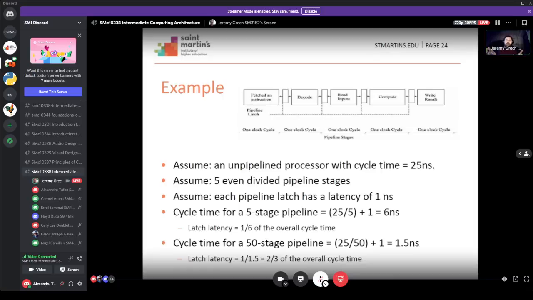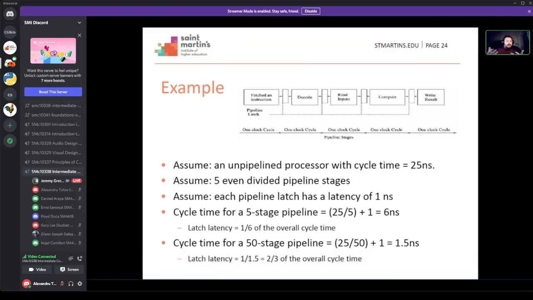Sometimes you cannot always state that you're going to have an adverse reaction. However, if you have too many stages, it might make the CPU architecture simpler, but it might introduce more latency time.